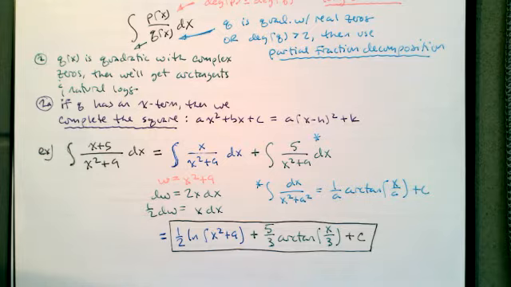Could you go over the ln portion? I'm having a hard time understanding where the ln came from. In the x over x squared plus 9, we make the substitution w equals x squared plus 9. So we're integrating a 1 over w.